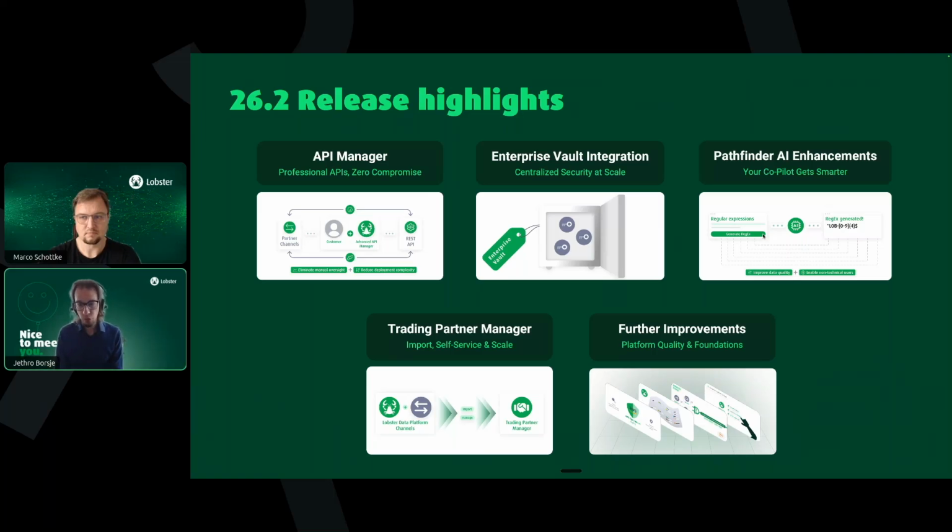We will then talk about our enhancements to Pathfinder, our AI Copilot, and we will conclude that section with going deeper into the additions we did in Training Partner Manager. And then we will round it off with giving you an overview of the further improvements that we have been making in this release as well. With that, I would love to hand it over to Marco to dive deeper.